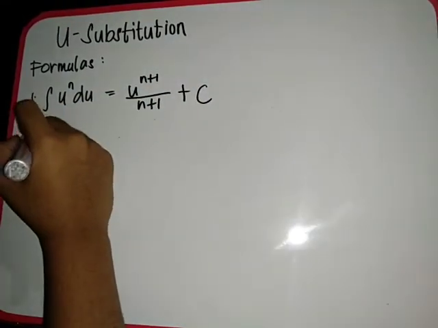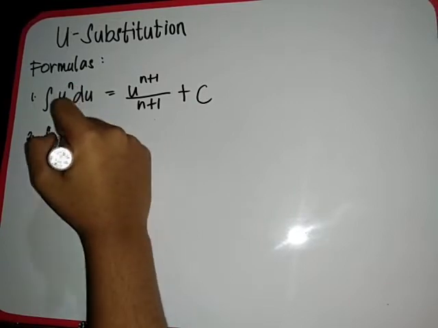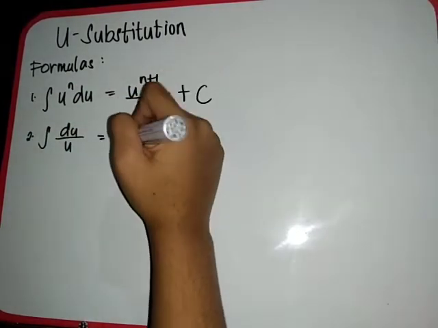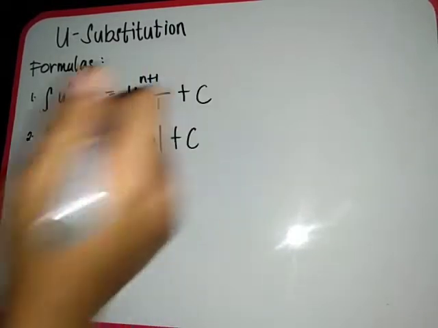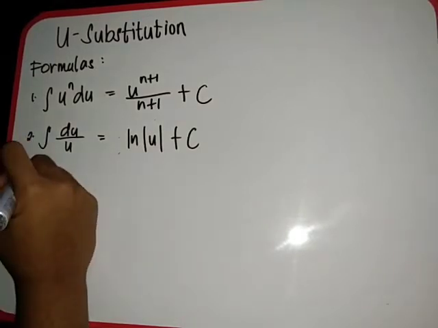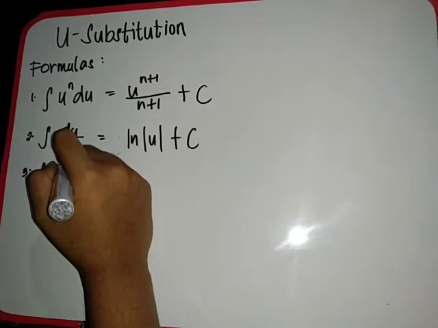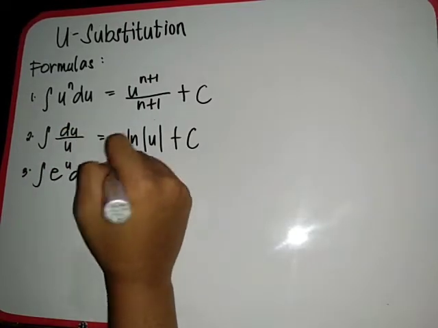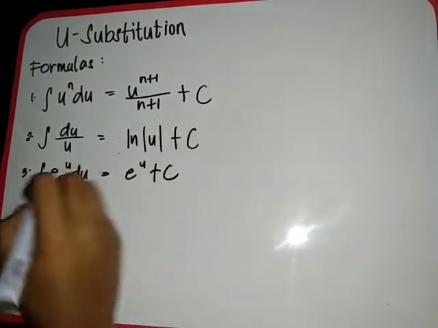Next is the integral of du over u is equal to ln of u plus c. Number 3 is the integral of e raised to u du is equal to e raised to u plus c.